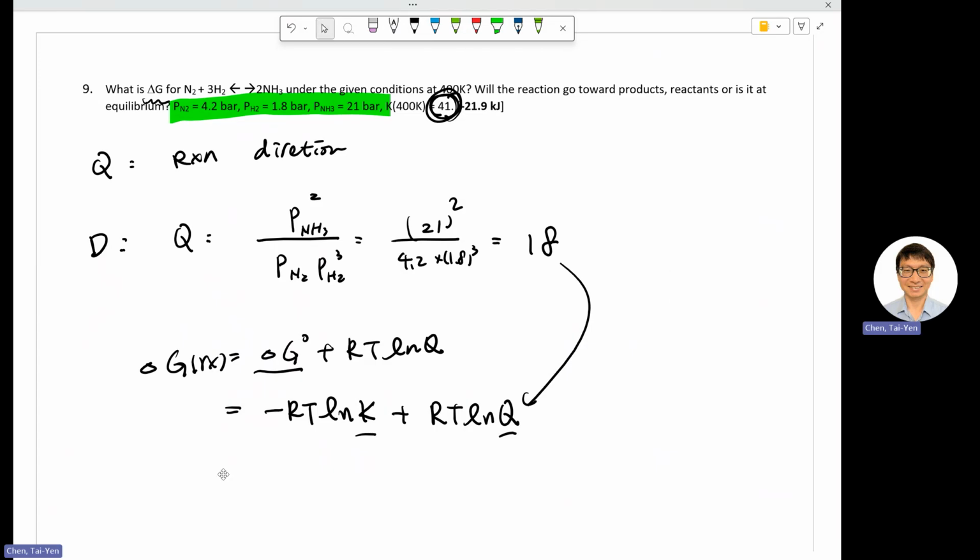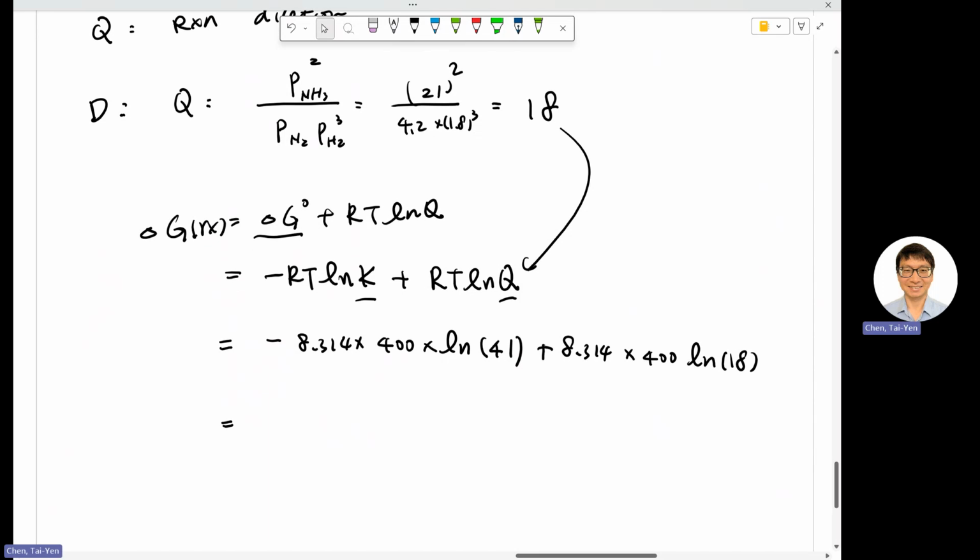So you can calculate: negative 8.314 times 400 times natural log K, which is 41, plus R, 8.314, T 400, natural log 18.